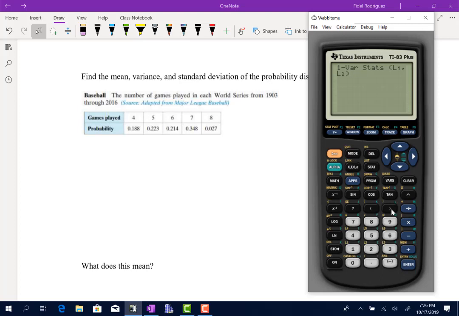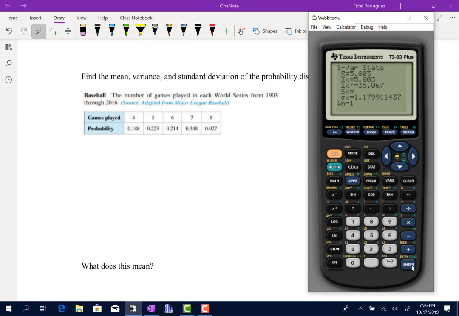There we go. Okay, so guys, if your calculator looks like this, you're going to put list 1 under list. Under frequency, you'll put list 2, and then you hit calculate, right? I don't want to do it because my numbers are probably different. I don't know what numbers are in here right now, right? But then all I'm going to do, guys, is let me switch back over. I will hit enter, okay?